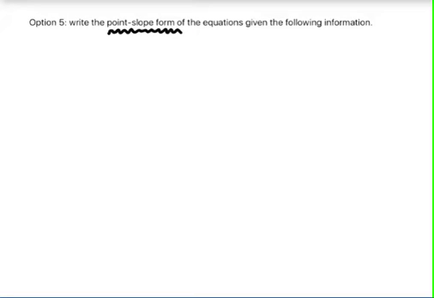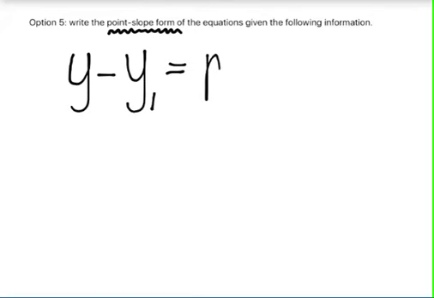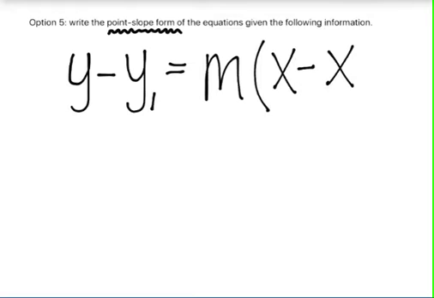If you do not have access to your Algebra 1 formula chart, you can always Google Algebra 1 Texas formula chart. I will tell you that point slope form looks like y minus y1 equals m parentheses x minus x1.